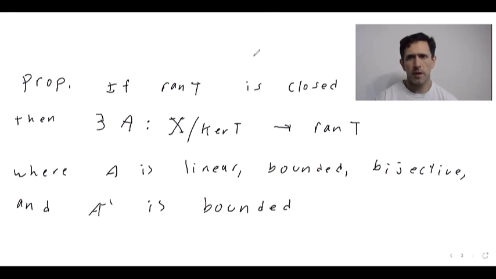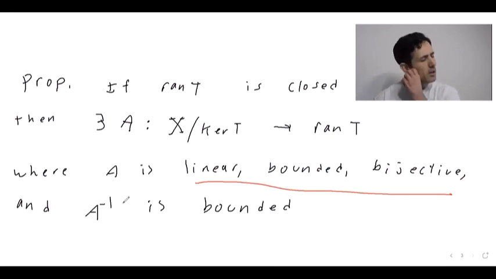Now, basically, by the inverse mapping theorem, if I can prove all this here, then certainly we're done for the A inverse bounded part. Because this quotient space of X is a Banach space.